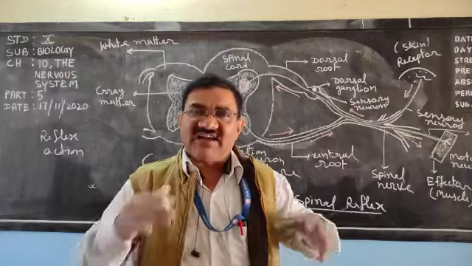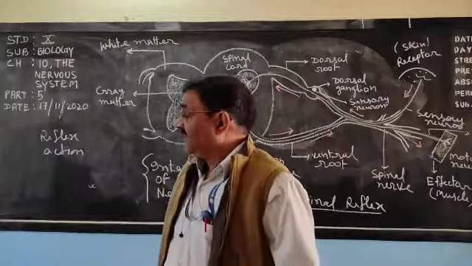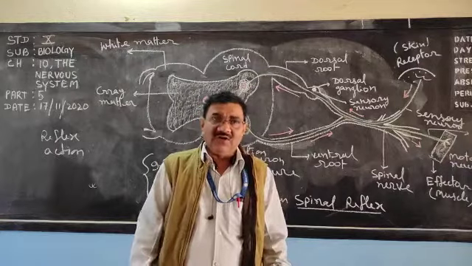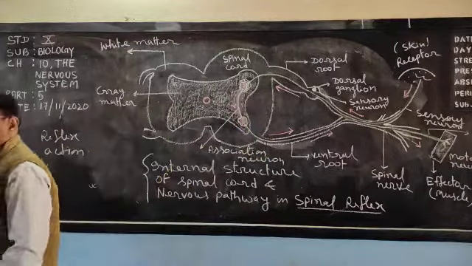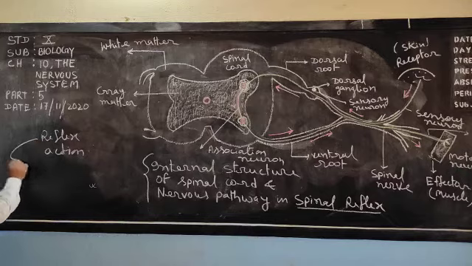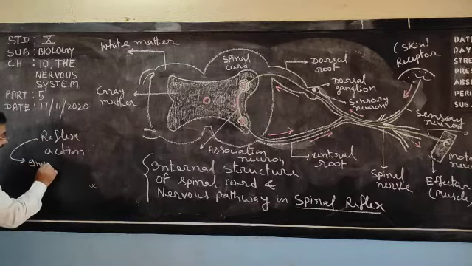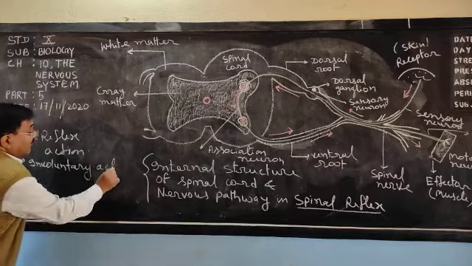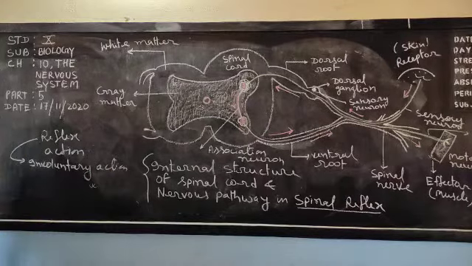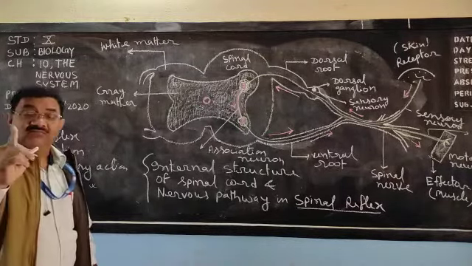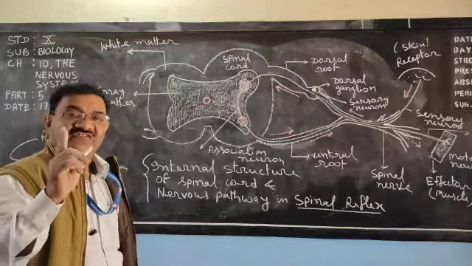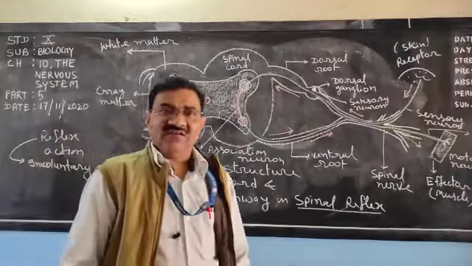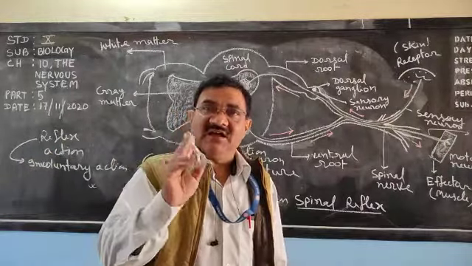Voluntary actions are under our control and involuntary actions are not under our control. So reflex action is a type of involuntary action, which is not under our control.